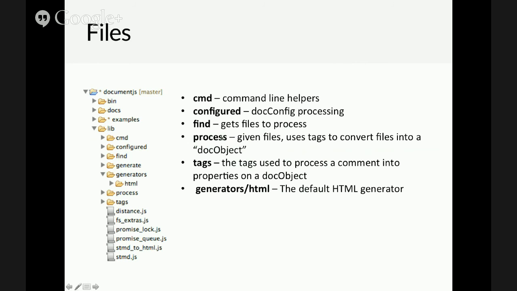Process consumes that event object and will read the file and run it through all of the tags and get that final doc object out. It gets all of these doc objects using the tags. And then finally, there's generate, which really doesn't do much in the default HTML generator: given all of the doc objects and the configured options, it writes out the final resulting page.